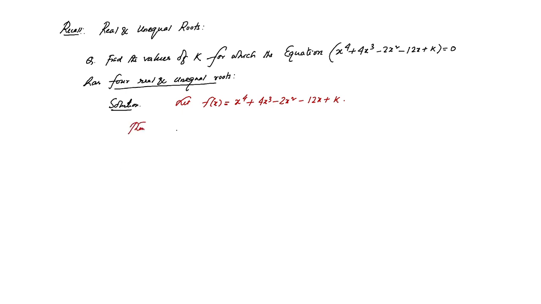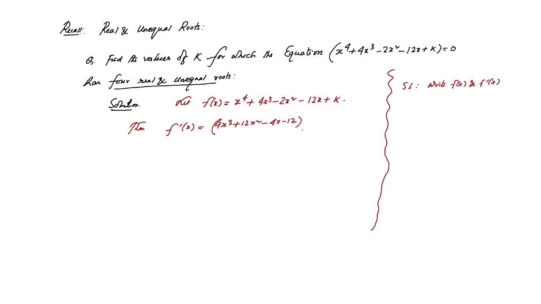So next you need to decide what is your f dash x. Here is step 1, the working procedure. Step 1, write f(x) and f dash x. So f dash x equals 4x cube plus 12x square minus 4x minus 12.